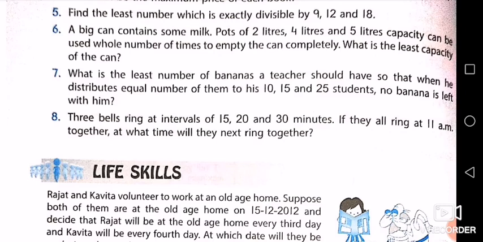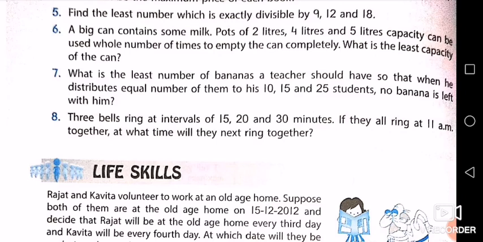Least number of bananas required to distribute equally among 10, 15 and 25 students is equal to LCM of 10, 15 and 25. Then we will find the LCM. Do the multiplication of all the prime factors, then you will get the LCM of 10, 15 and 25. Therefore, the least number of bananas required to distribute equally among all is whatever LCM you get.